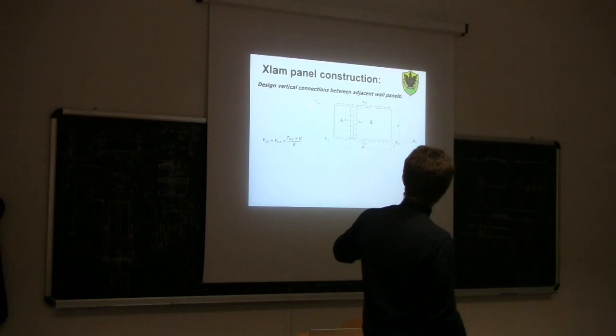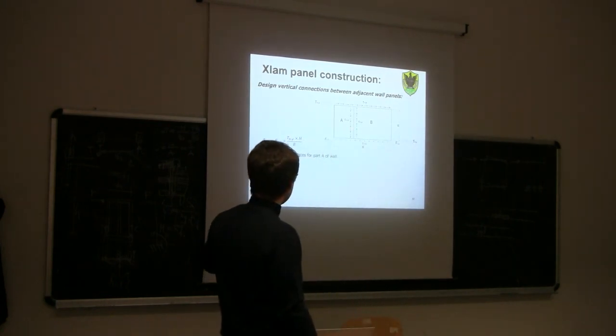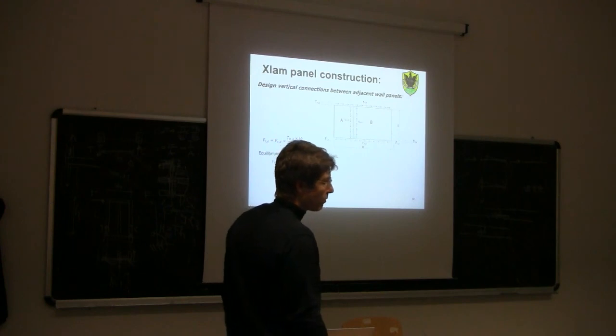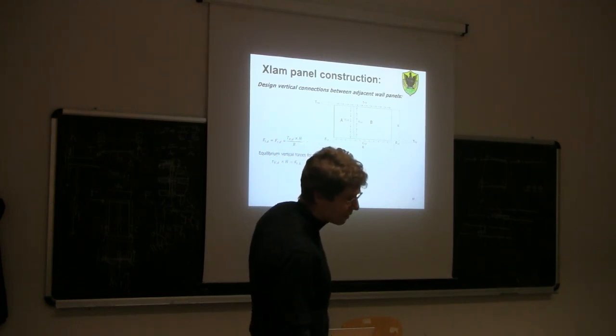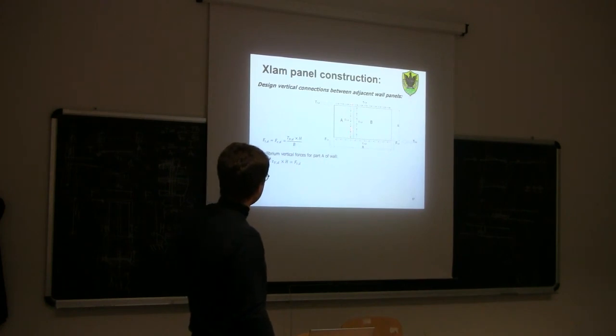This will be the bending moment, so THD times H divided by B. Now, if we study the equilibrium of the vertical forces from part A of the wall, so only consider this part of the wall, we can write down that TVD, the tangential force on one side of the two parts times H, so the resultant of this vertical force shall be equal to FTD.